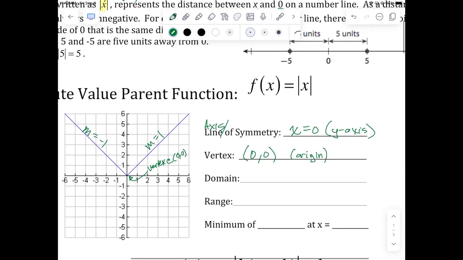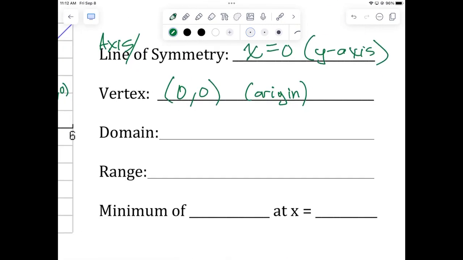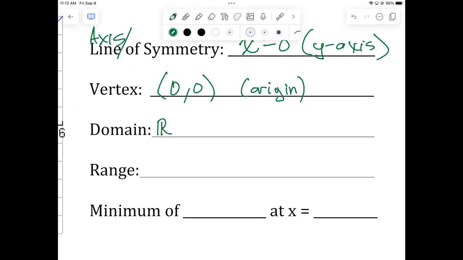All right, what do you think? All x, x is an element of the real numbers.